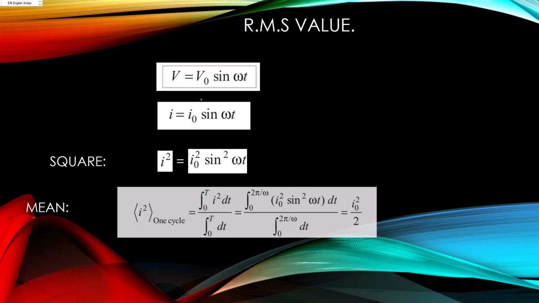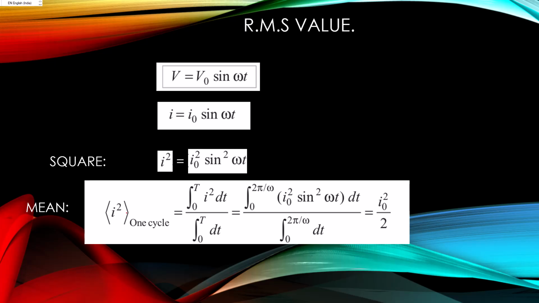Now mean over one cycle: the integral from 0 to 2 pi by omega of I0 square sin square omega t dt, divided by the integral from 0 to 2 pi by omega of dt. With a simple calculation, it comes to I0 square by 2. So this is the square average of sinusoidal current.